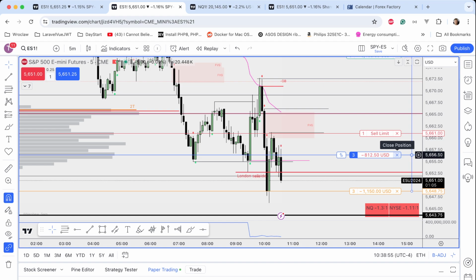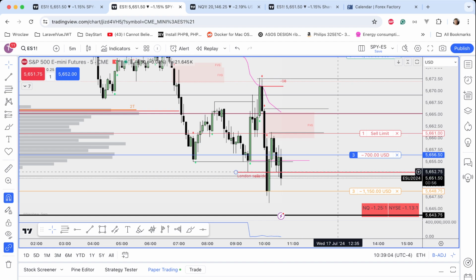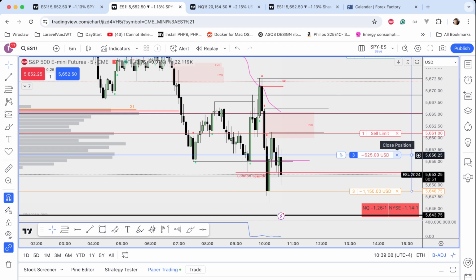Still some buyers, but that liquidity sweep on the 15-minute should produce a much better move to the upside. Much stronger move to the upside. And it didn't. Okay, 39. I'm getting back above London sell side. So what now?